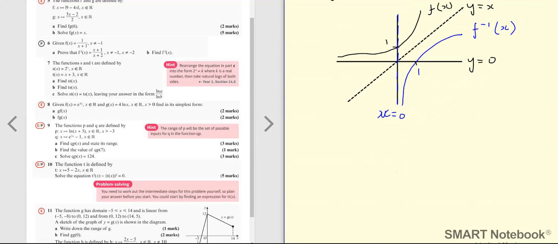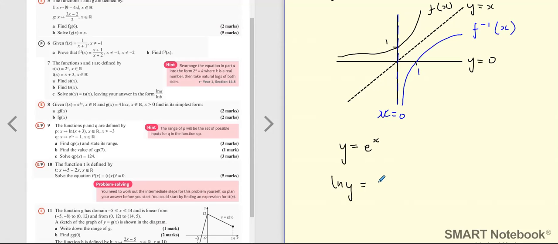Now, what do I want to think about next? How do we work it out? Let's say we had y equals e to the x, and we had to work out the inverse of that. Well, we have to make x the subject. How are we going to make x the subject? We take logs on both sides.